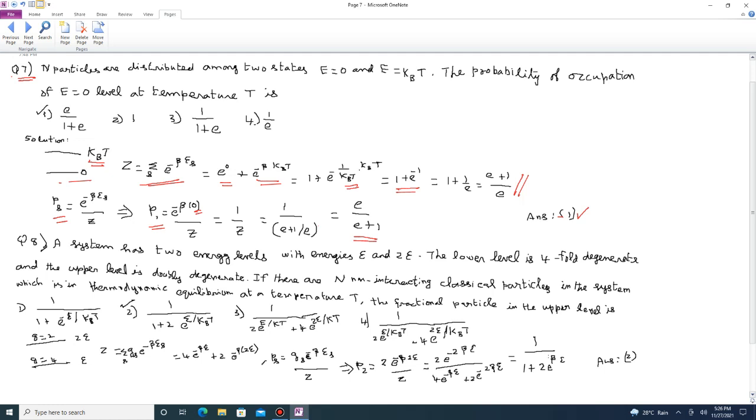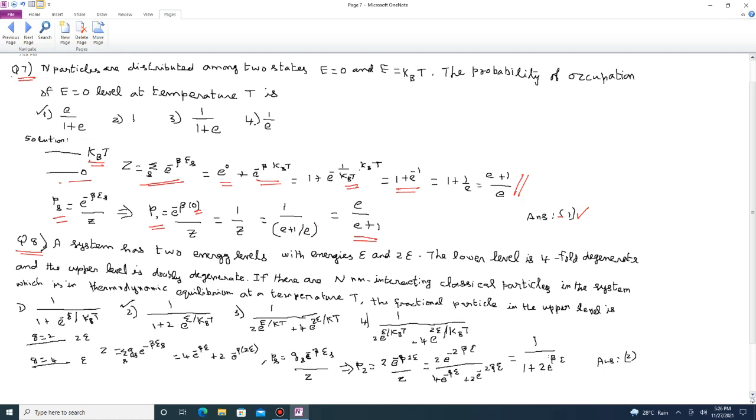Then the next question is question number 8. A system has two energy levels, where the energies are E and 2E. The lower level is fourfold degenerate, and the upper level is doubly degenerate.